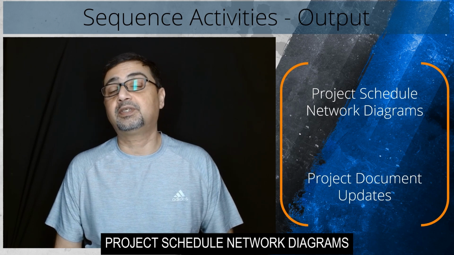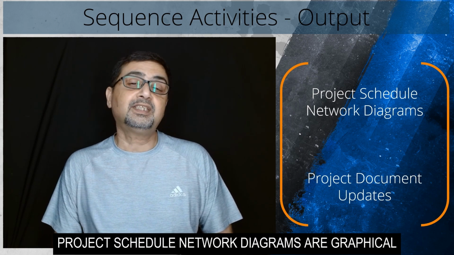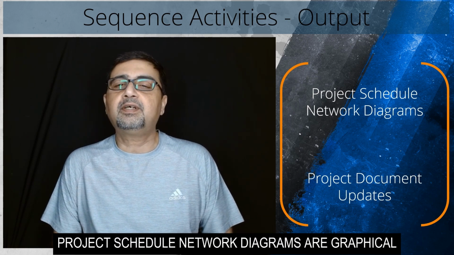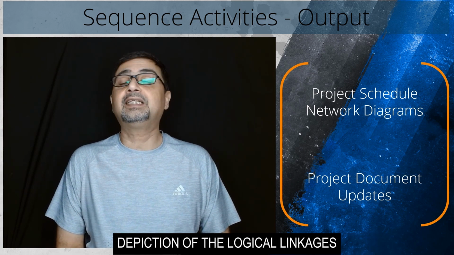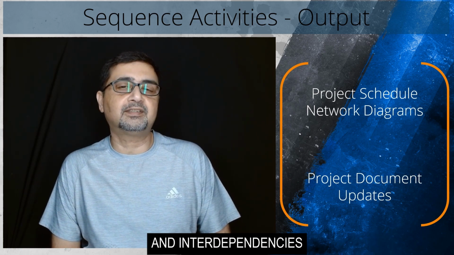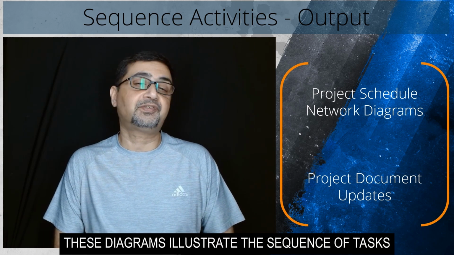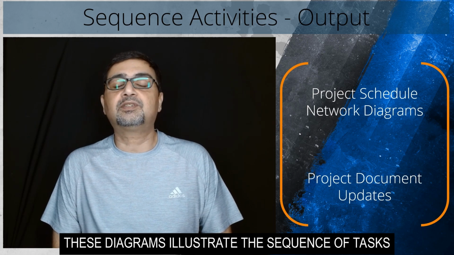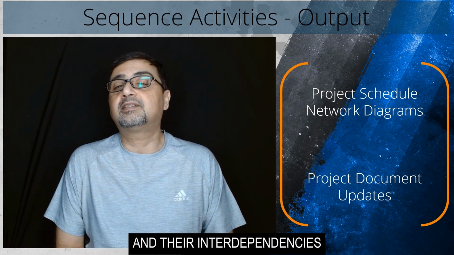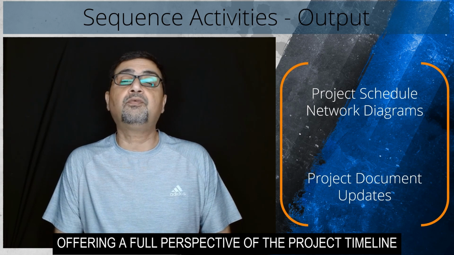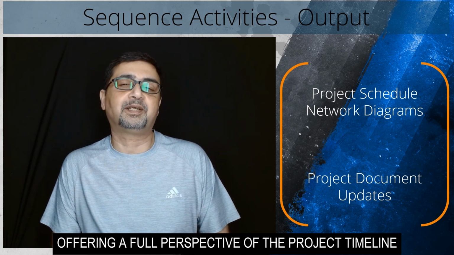Project schedule network diagrams. Project schedule network diagrams are a graphical depiction of the logical linkages and interdependence that exist between project activities. These diagrams illustrate the sequence of tasks and their interdependencies visually, offering a full perspective of the project timeline.